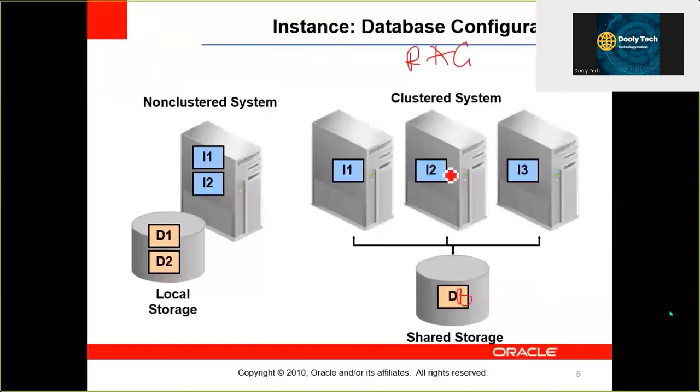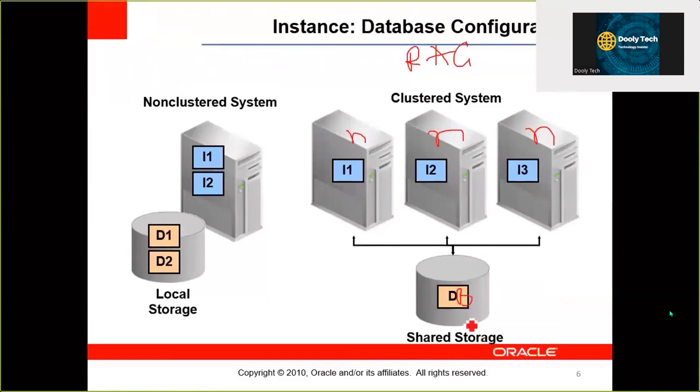Have another instance running on another server, and a third instance. These are called nodes: node 1, node 2, node 3. Every node will have an Oracle instance running. Multiple instances run on different nodes, but all of them access the same database on the shared storage.